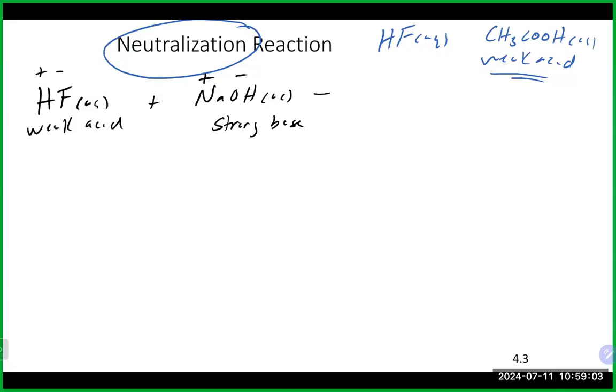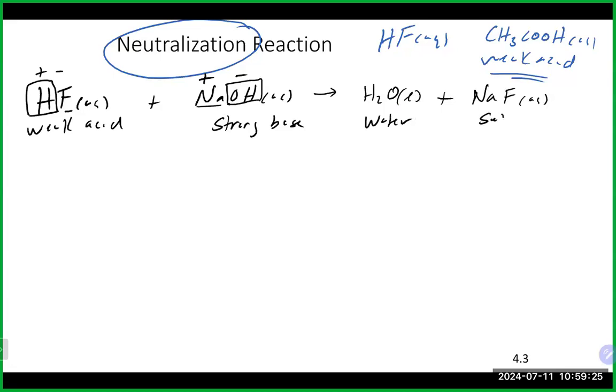And just like we saw previously, it is going to be the H and the OH that are going to come together to make water. And it's going to be our sodium and our fluoride in this case that are going to come together, Na plus and F minus, to make sodium fluoride. We know that's going to be aqueous because it's sodium involved. So this makes our water and our salt in this case. And again, just swapping partners there, basically.